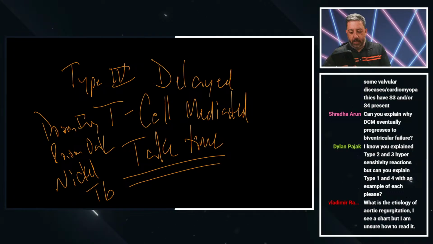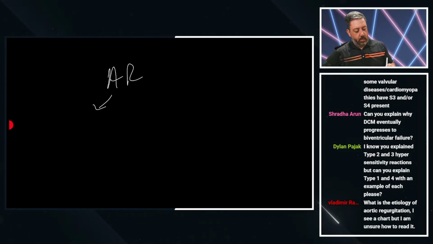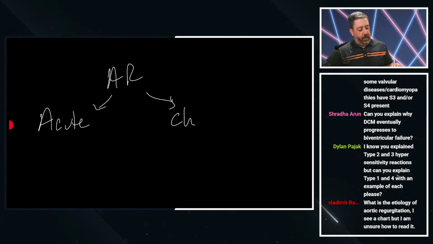Okay, next up is etiologies of aortic regurg. So when it comes to aortic regurg, the things that are important to know is, is it acute or is it chronic?